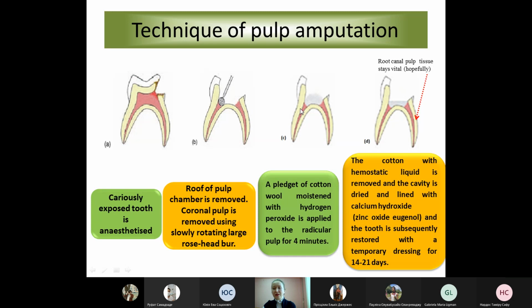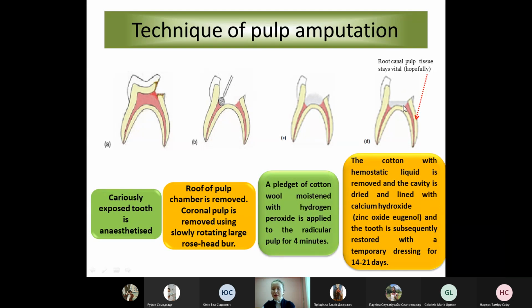In case there is bleeding, hemostatic liquids on cotton balls should be applied to the root canal orifices, and antiseptic liquids to clean any debris that occurs at the stages of pulp amputation.